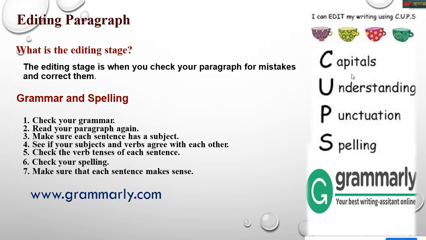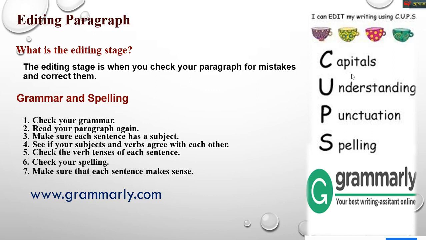So C stands for capitals, meaning that you have to check whether the words should be capital or small. If the capital letter is appropriate, of course, you have to write in capital letters. If it is not, you have to avoid it.